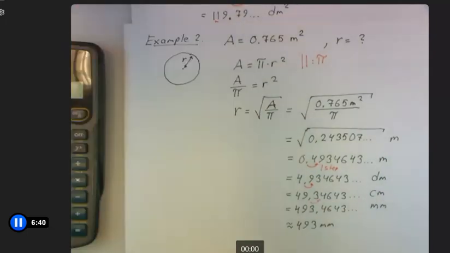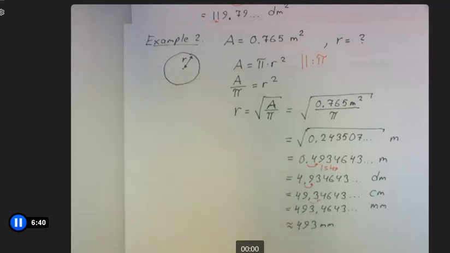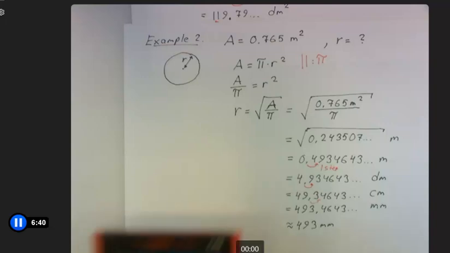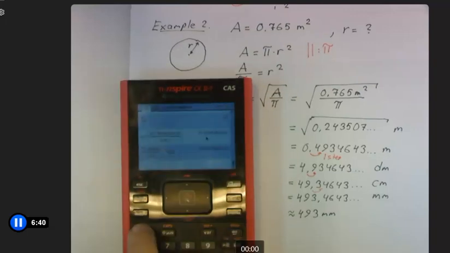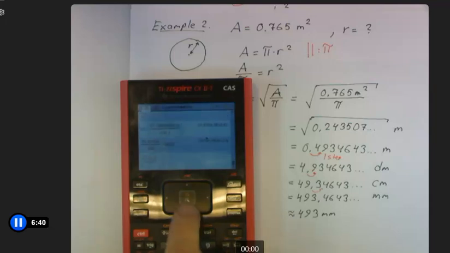Some kind of proof that this is the correct rounding accuracy is that when you take another calculator, it's easier to make some changes there. I will again calculate the same thing as we did. 0.765 divided by pi.